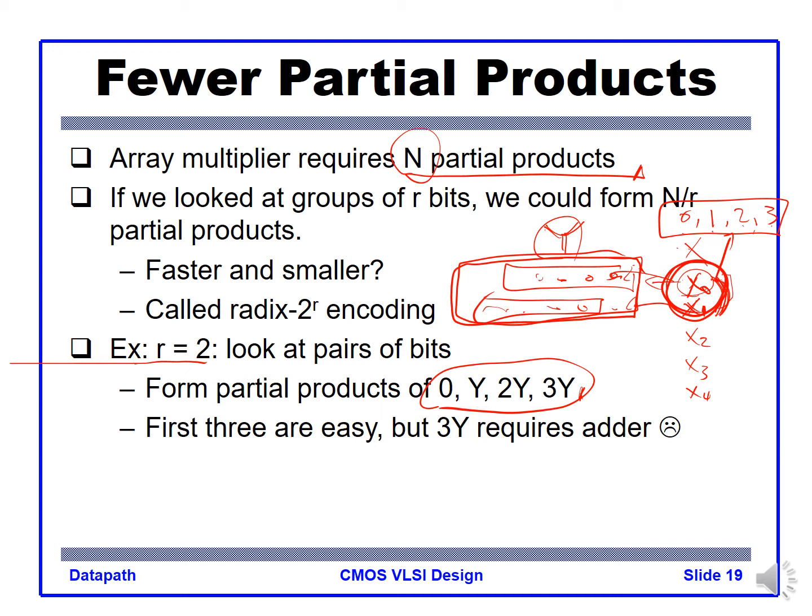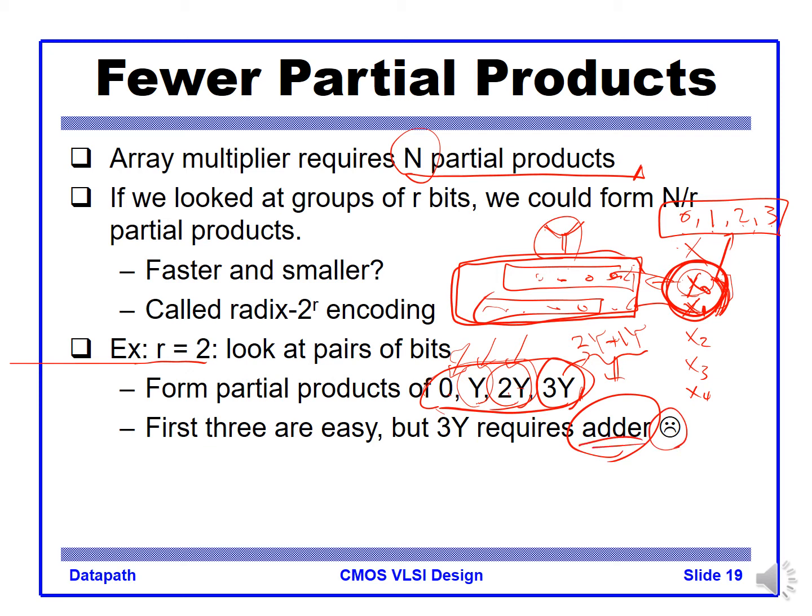But the problem is that 0, y and 2y generation is easy: 0 is obviously easy, y is easy, and 2y is just y shifted to the left by 1. But for 3y generation, we need 2y plus y, which requires addition. That becomes very bad.